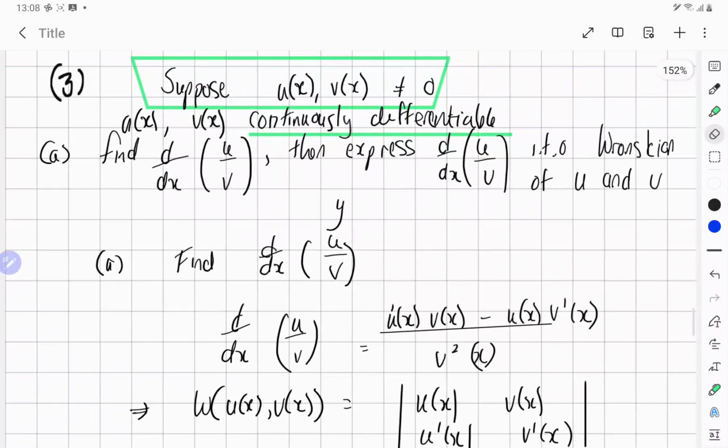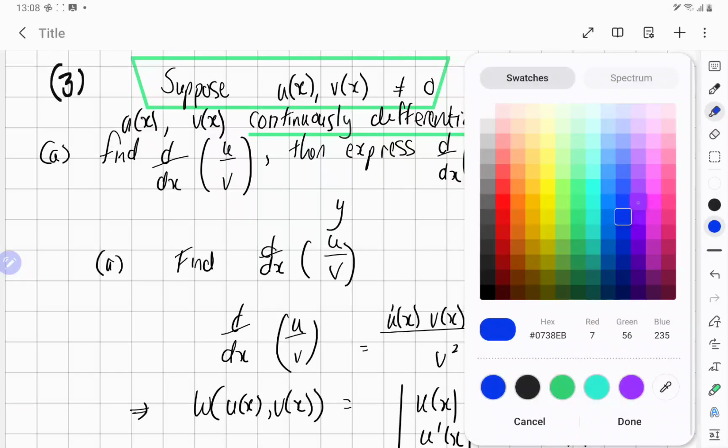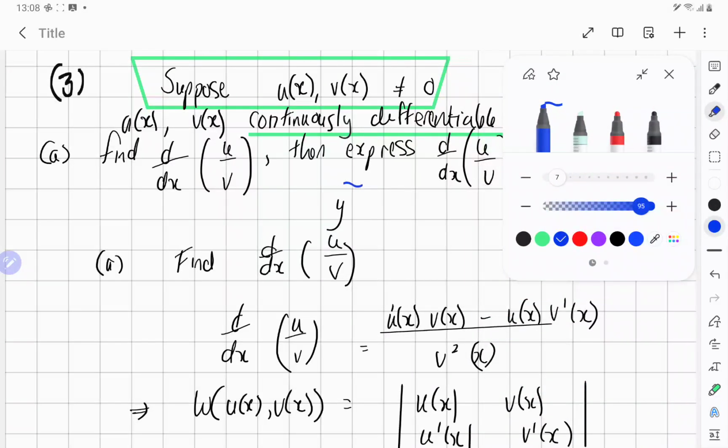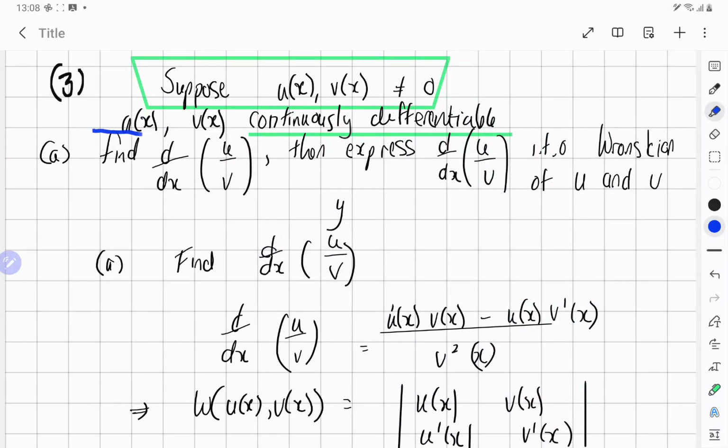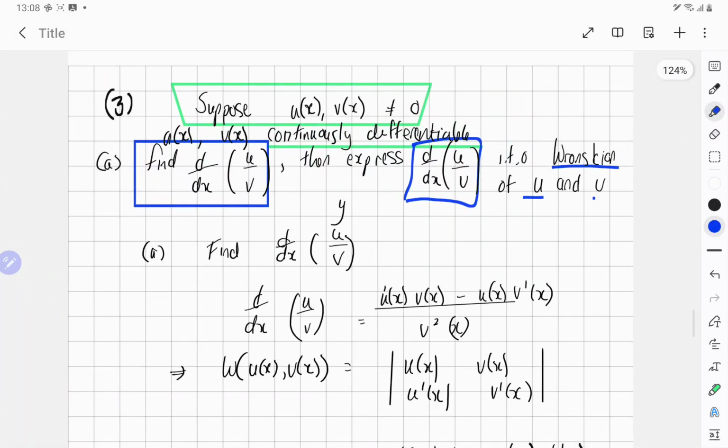Now the first question they're asking us. Remember I said earlier, given is very important. Now we're going to look at asked. So let's make that blue. They want us first to find the derivative of u over v, then express it in terms of the Wronskian of u and v.